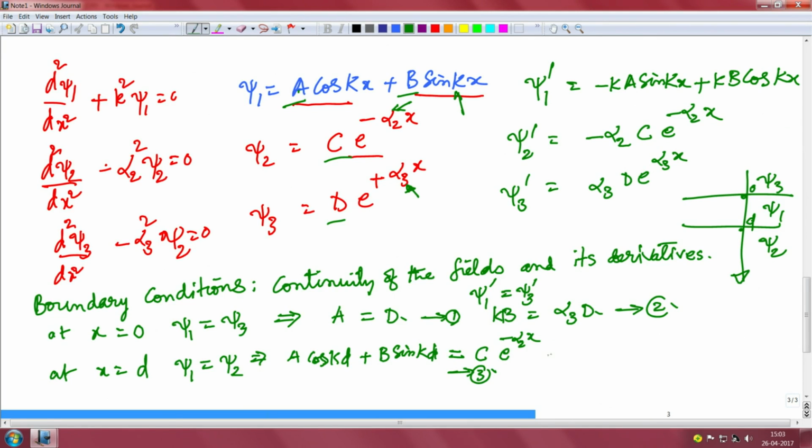Similarly, by taking psi 1 dash equals psi 2 dash, we get this and this.